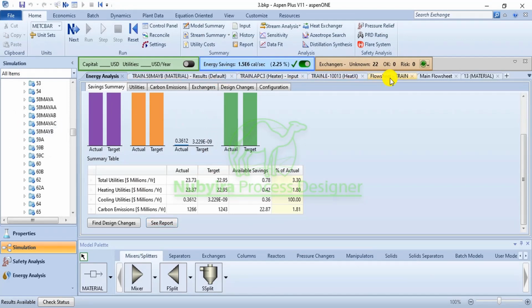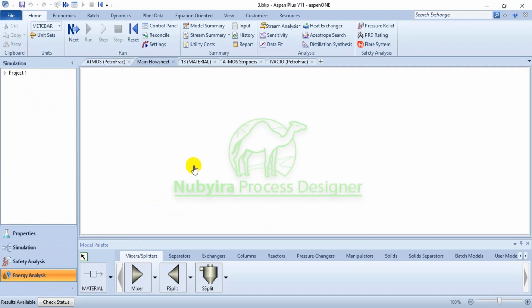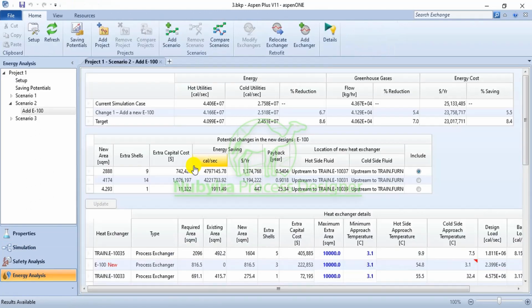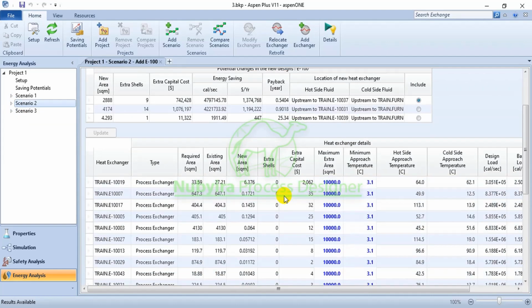You can see that just adjusting the configuration of the process by adding a new heat exchanger has increased the heat integration in the process with a little amount of capital costs. And that takes us to the end of this video.